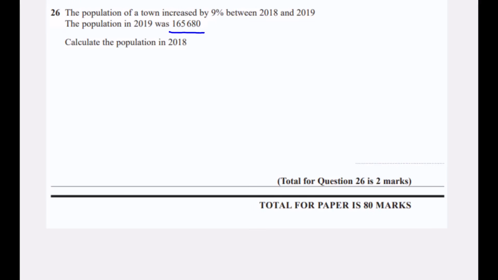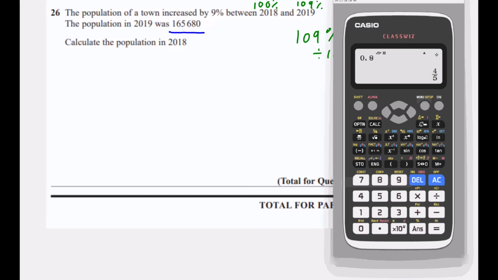So if we say the population in 2018 was 100%, and we increased by 9%, that means we've got 109%. So one way of doing it is to say 109% of the original population is 165,680. If we divide by 109, we can find 1%.